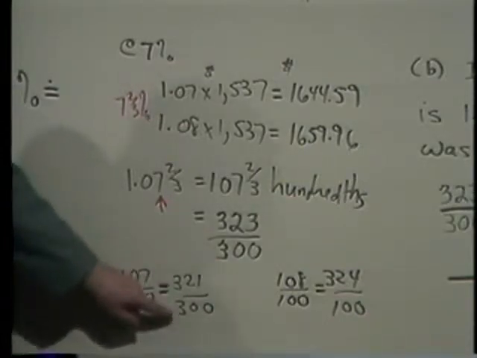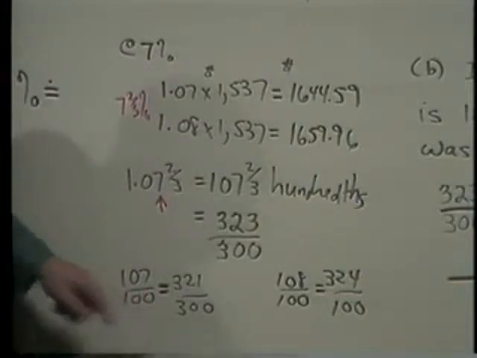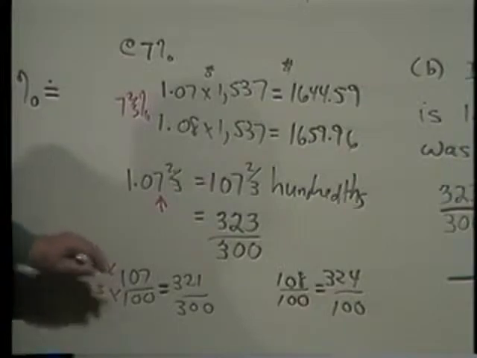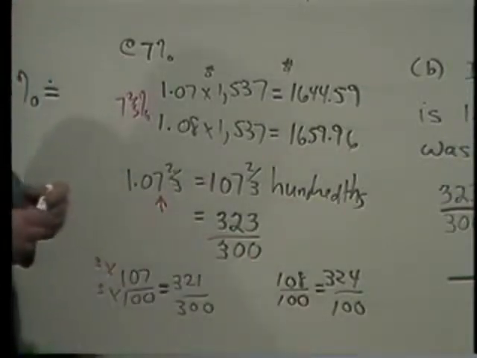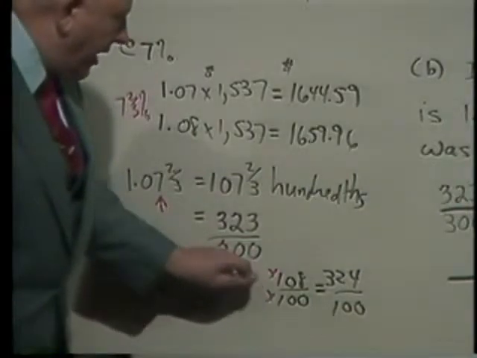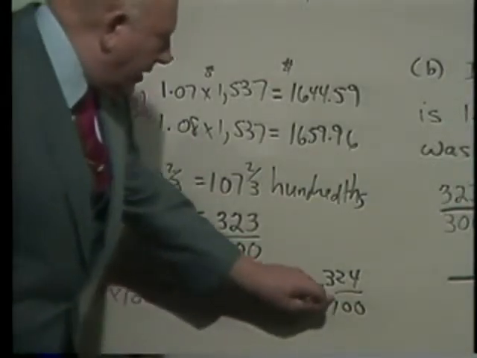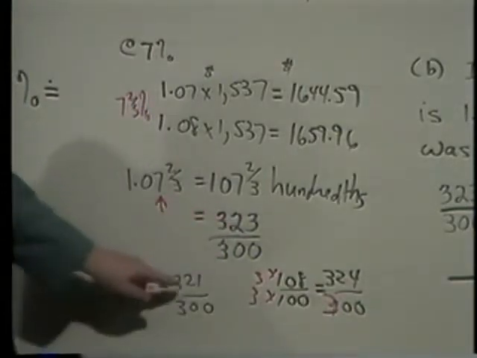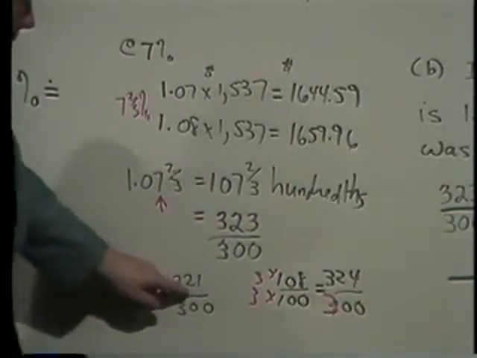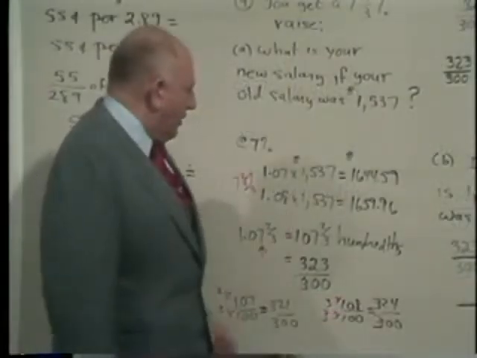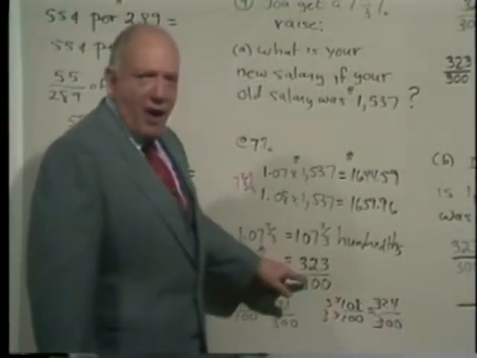That's the same as 321 over 300, multiplying numerator and denominator by 3. And 1.08 is 108 over 100, which becomes 324 over 300. And notice that 323 is 2/3 of the way between 321 and 324. So it checks out. But you may not be used to seeing the problem done this way.